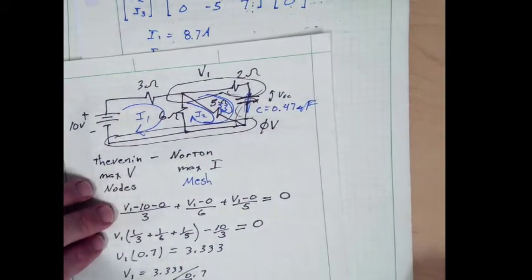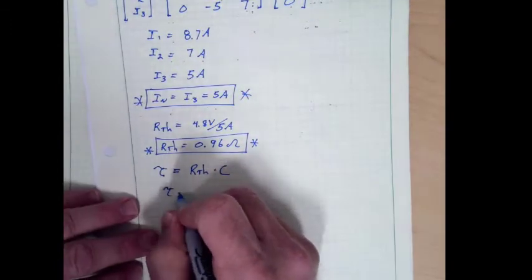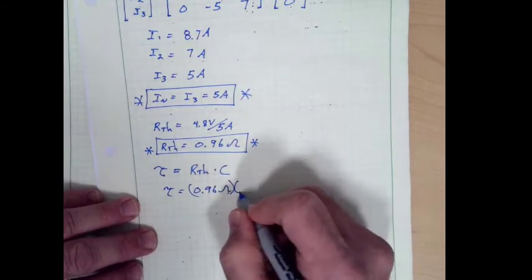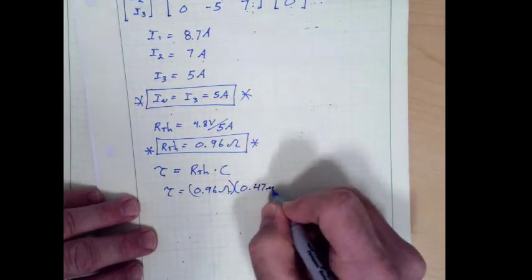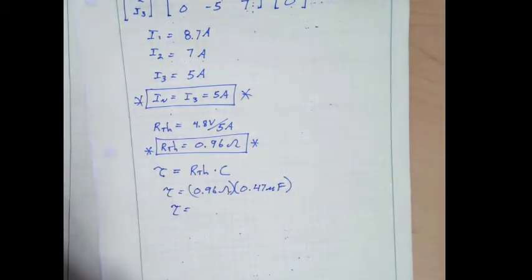That's a very common size for a capacitor. And so the tau will be 0.96 ohms times 0.47 microfarads.